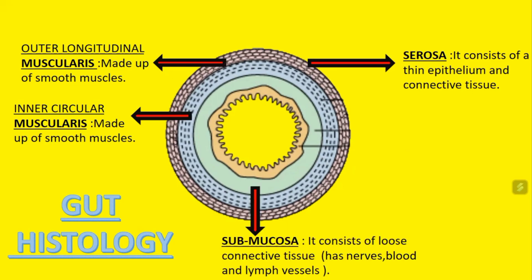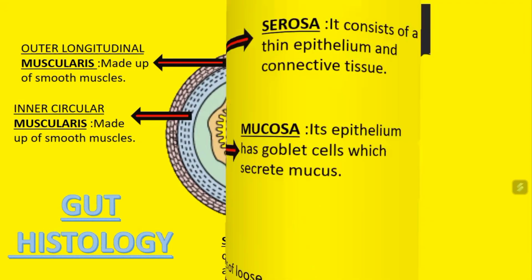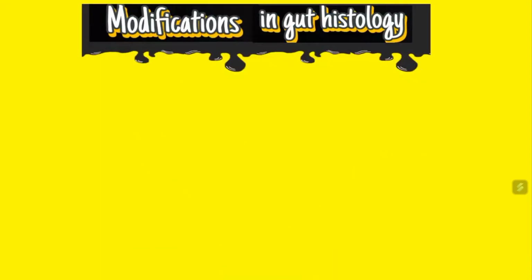Inside this, we have the submucosal layer, which consists of loose connective tissue. It has nerves, blood vessels, and lymph vessels, and the innermost layer is the mucosa, which has epithelium bearing goblet cells that secrete mucus.